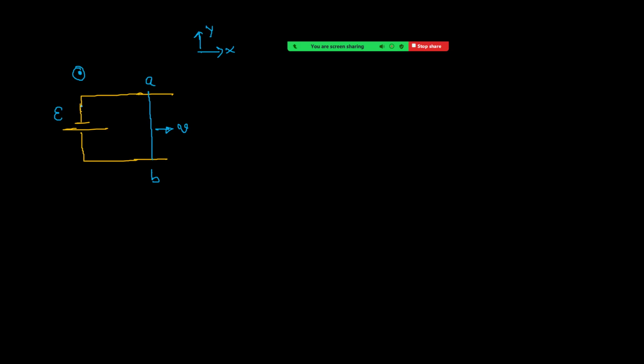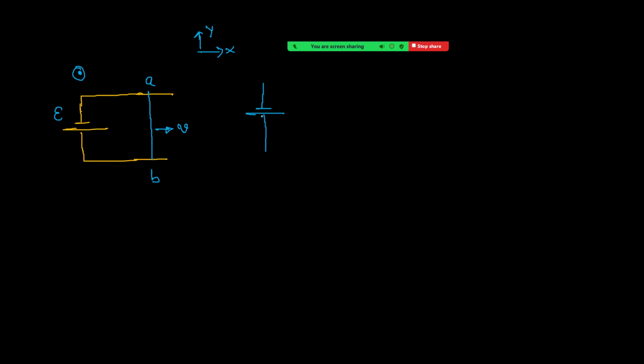I am not saying the net current in this one. The current due to the induced EMF must be clockwise. That means if you replace this moving wire with a battery, we have to replace it like this.